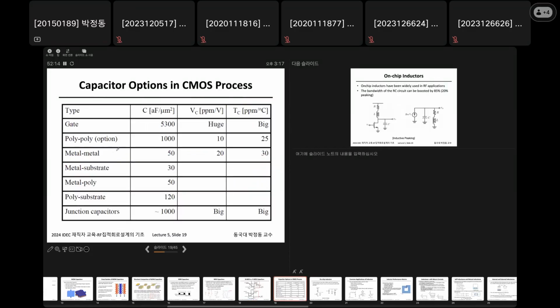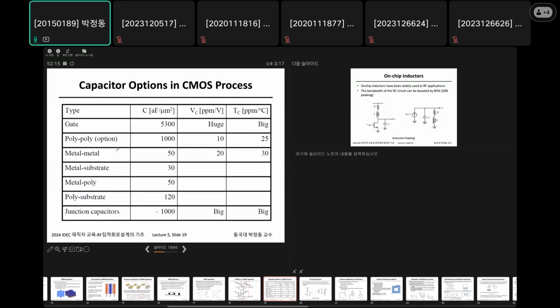Okay, so this is the table which summarizes the capacitor options in a CMOS process. As can be seen here, if you use a gate MOSFET, definitely the voltage coefficient is huge.